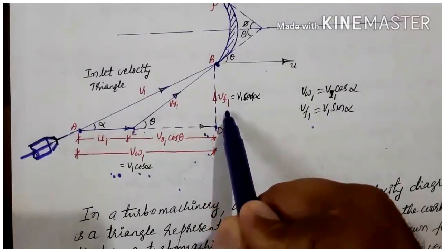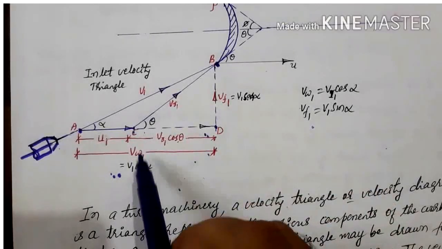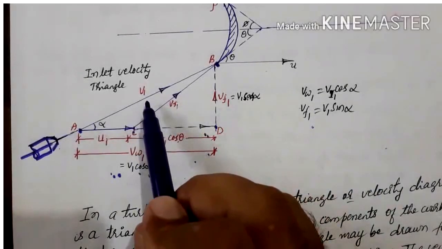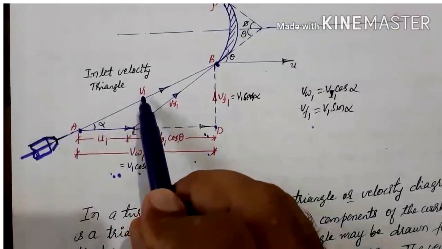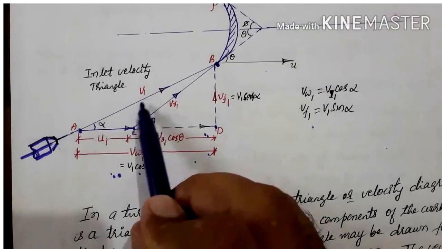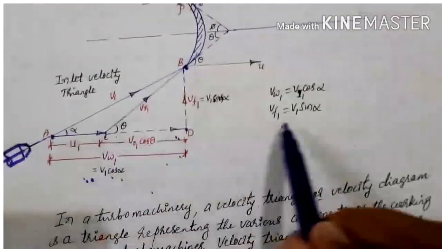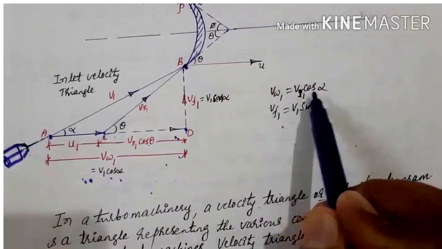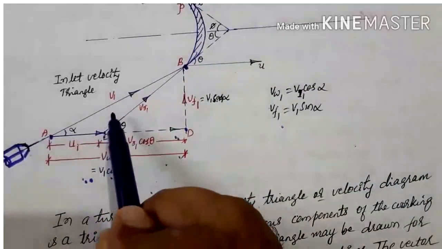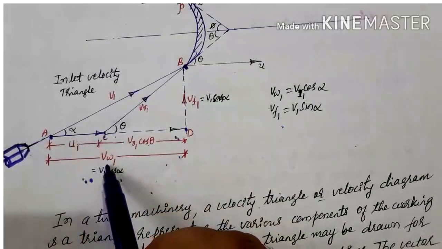This is called the flow velocity, and VW1 is nothing but a component of V1, that is V1 cos alpha. So look at this figure. I have written here VW1 is V1 cos alpha, a component of V1. This V1 is making an angle of alpha. So VW1 is nothing but the whirl velocity.